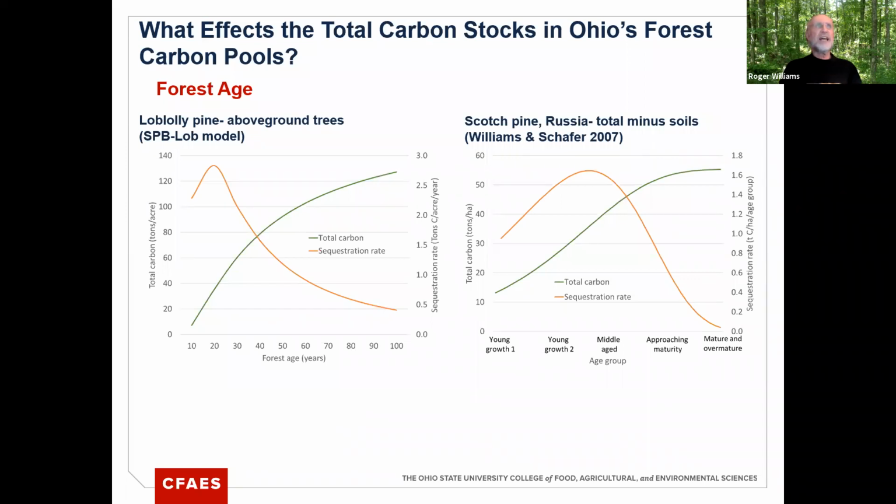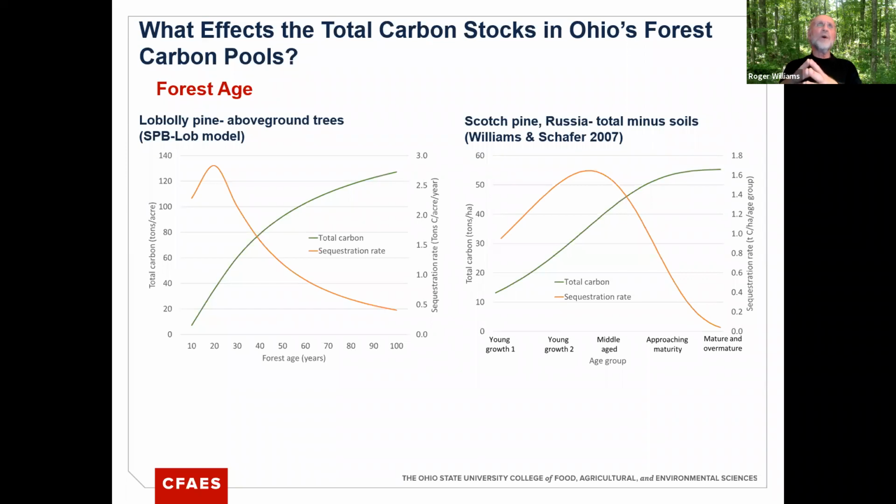The graph on the left shows running data through a loblolly pine model, which shows that in loblolly pine forests sequestration rates peak early, somewhere around 15 to 20 years of age. But again, you will see that the total carbon accumulation still continues and is still adding total carbon to the pool.